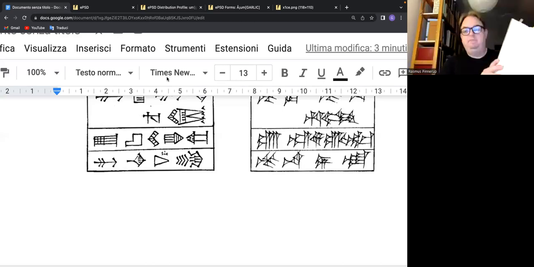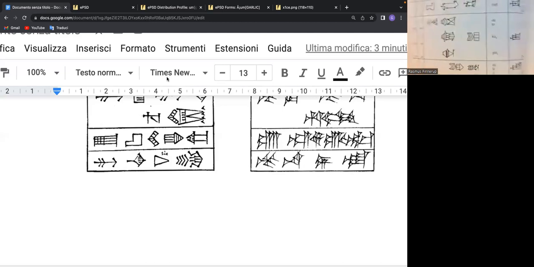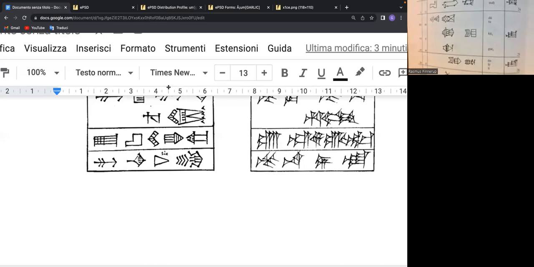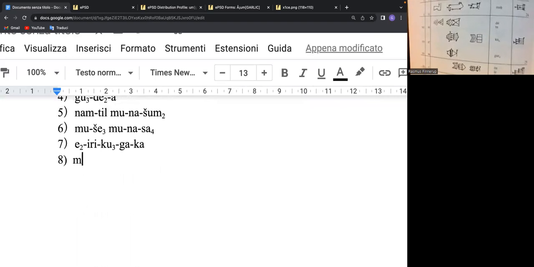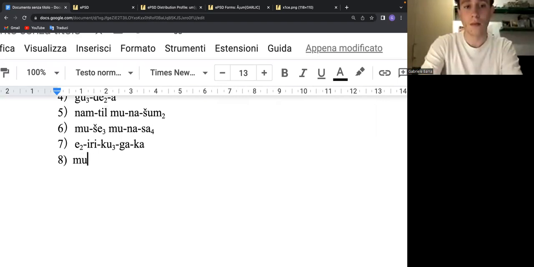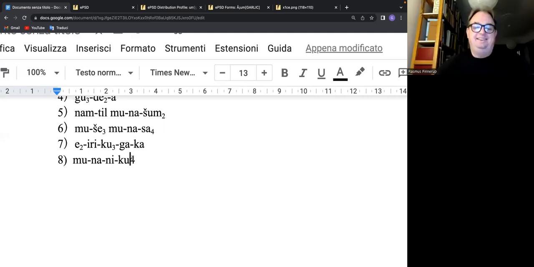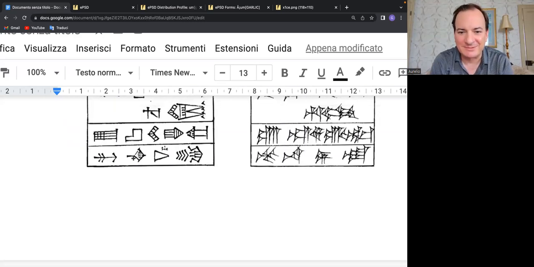So you can see the sign there on the left, and the different versions found in the paleography on the right. Now, of course, there's one little problem with that approach. It requires you to ask a Neo-Assyrian first. So you need to have a Neo-Assyrian version available. That's the little wrinkle in that method, but otherwise good.